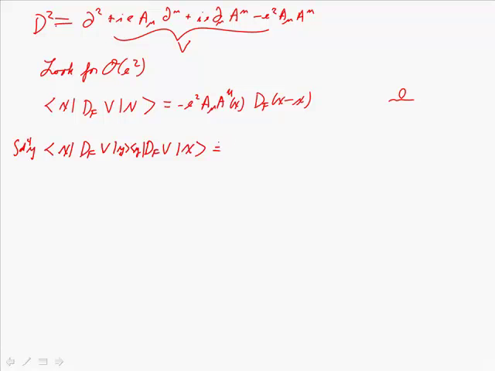term that's of order e squared here has an a, and so it's the integral d^4y df of x minus y, a mu d mu plus d mu a mu, df of y minus x, and I have a mu d mu plus d mu.